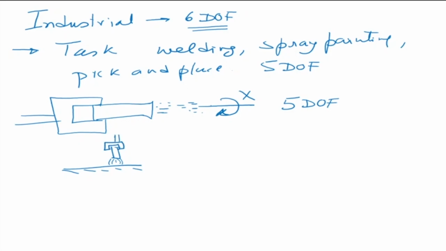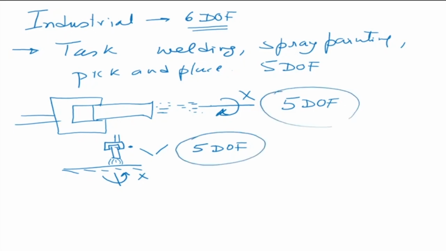As we are welding, we need position and orientation of the electrode, plus we may need some angle like this or like that, but we do not need a rotation about this axis again. There is no point in rotating the electrode about its own axis. So what this says is that essentially you require 5 degrees of freedom again. You do not need 6 there. So in many industrial robots, you'll find that it is 5 degrees of freedom because of the task that it is required to do.